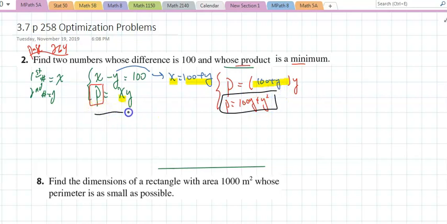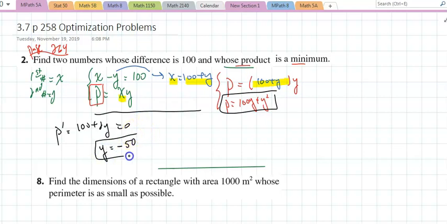I know how to find that. I'll take a derivative. That is 100 plus 2y. Set it equal to 0. That means y would be negative 50. Let me see how that works.